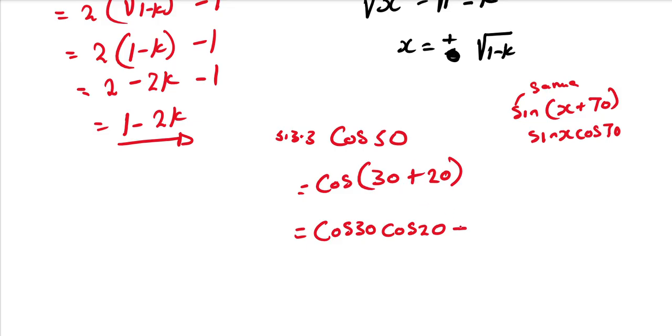I'm writing minus. Here we will be writing plus because sign stays the same. Do you get me? And then, as we said, cos 30, cos 20, we're gonna have what? Sine 30, sine 20. Do you get me? And you must know your what? Your special angles.